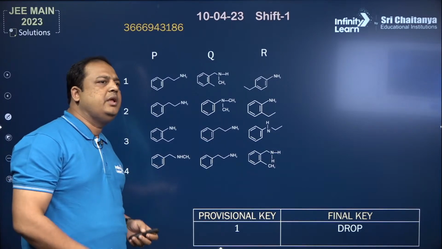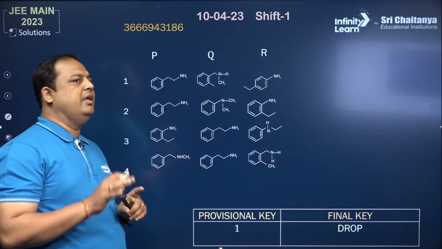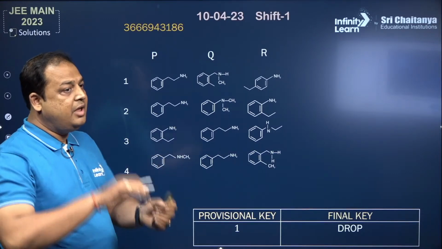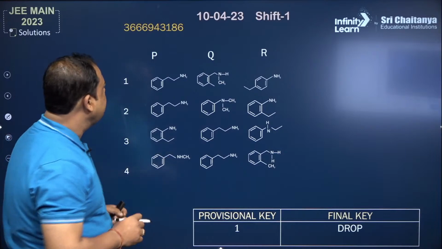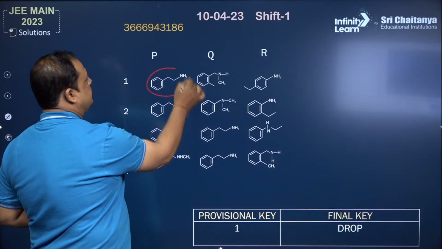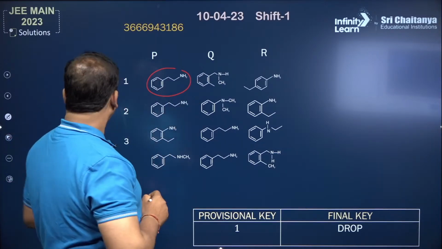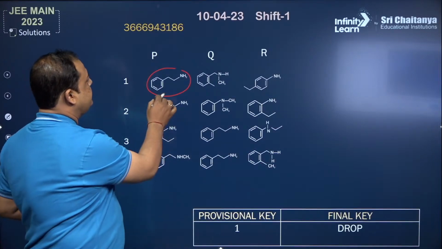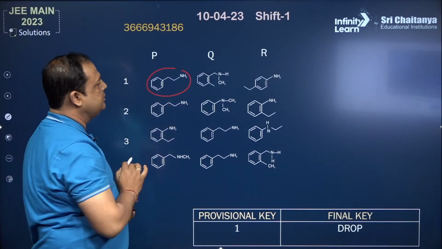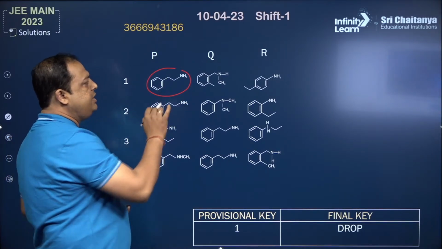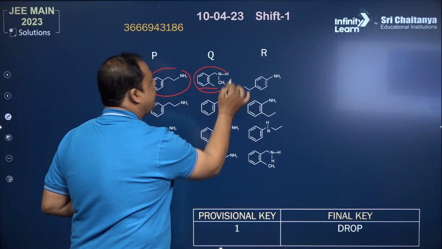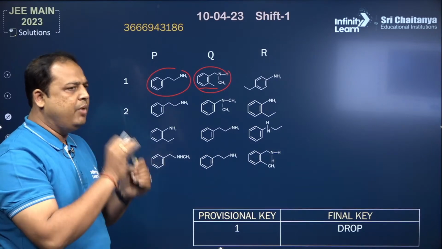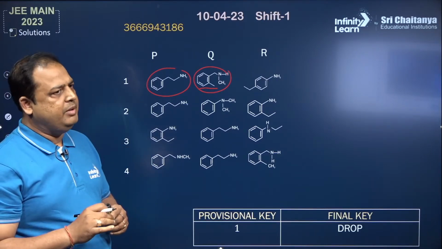The first option is the Gabriel phthalimide synthesis. This is going to prepare only 1 degree amine and not the aromatic one, only the aliphatic one. If you see this option, this is going to be C8H11N. Now see the second option. What is Hinsberg reagent? Hinsberg reagent usually gives the test of 1 degree amine as well as 2 degree amine.